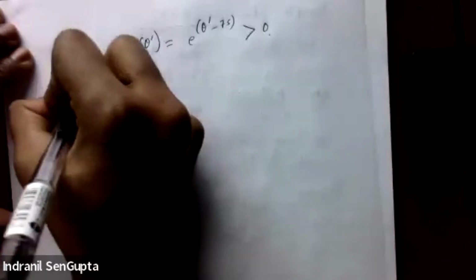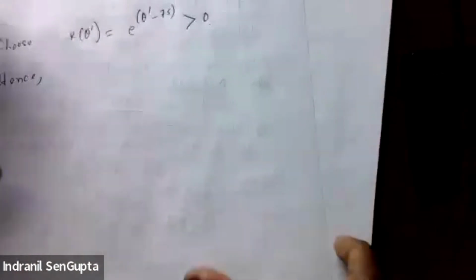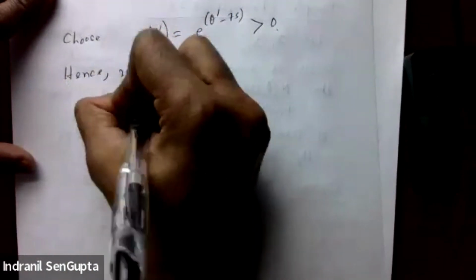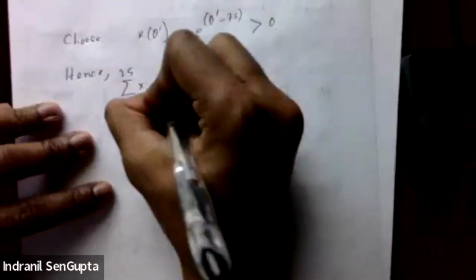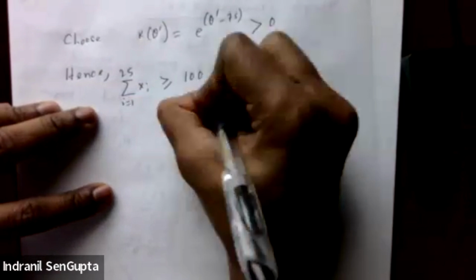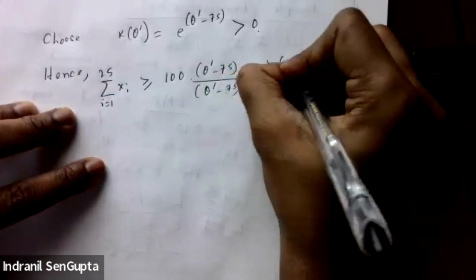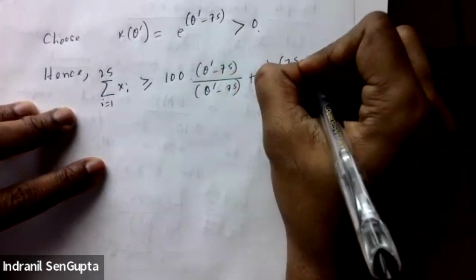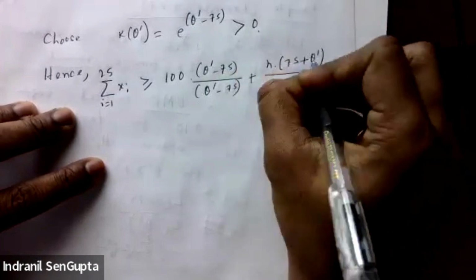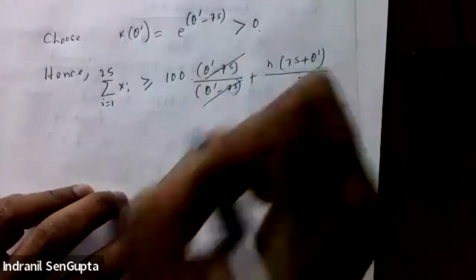And hence, what we have from the last statement, summation xi, i from 1 to 25, is bigger than or equal to 100 times theta prime minus 75 over theta prime minus 75 plus n times 75 plus theta prime over 2. So at least one of the theta primes are gone.